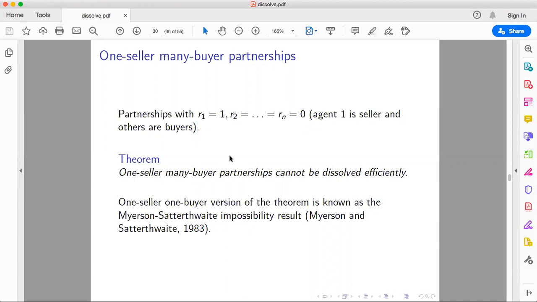To maintain individual rationality, the buyer has to compensate the seller enough. So he has to pay him at least VS. But he can do that because VB is greater than VS. So efficiency and individual rationality are not really incompatible. It is only in the presence of Bayesian incentive compatibility and budget balance that we get contradictions.